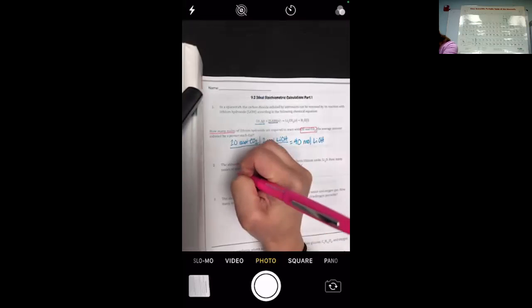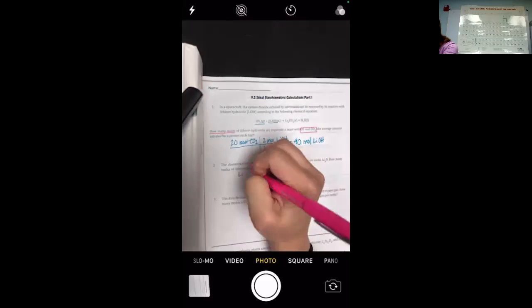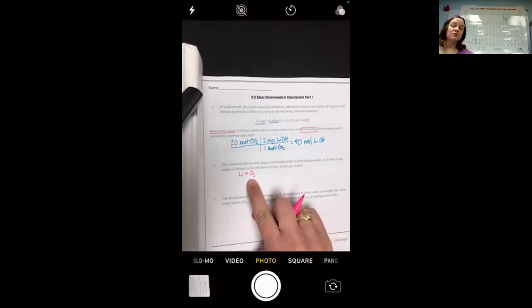So to do this one, the first step we have to do, we have to write out our equation. So we have the elements lithium and oxygen. So lithium is going to be just lithium. And then oxygen, if you remember, is diatomic. So oxygen always forms as O2.